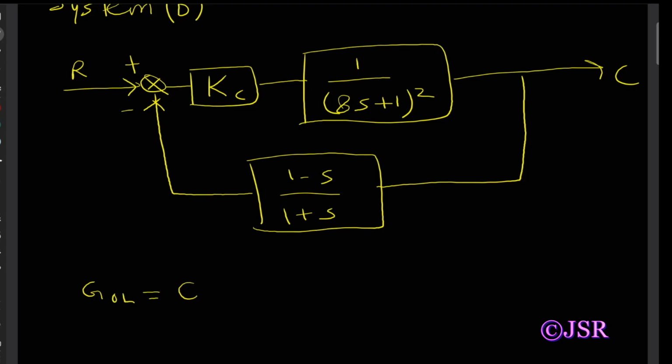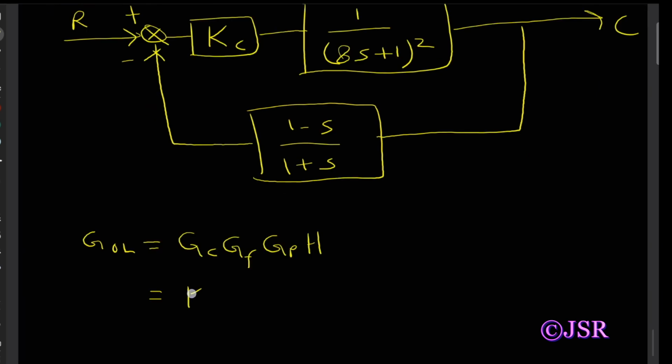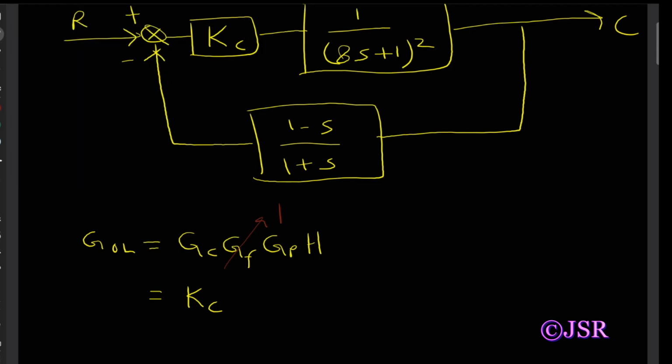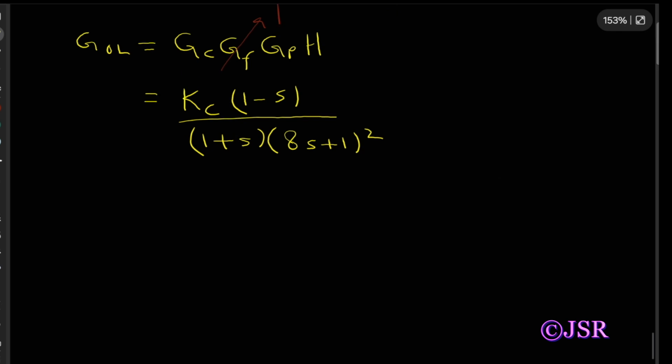The open loop transfer function will be GC, GF, GP and H, and this will be equal to Kc. GF is 1, so this will be (1 minus s) upon (1 plus s), (8s plus 1) whole square.